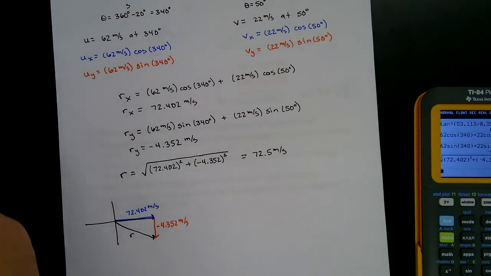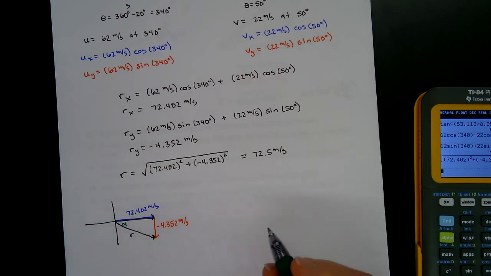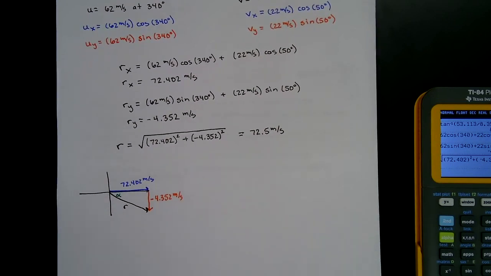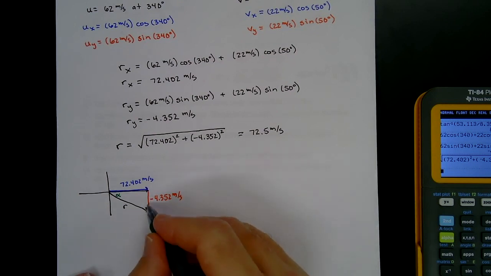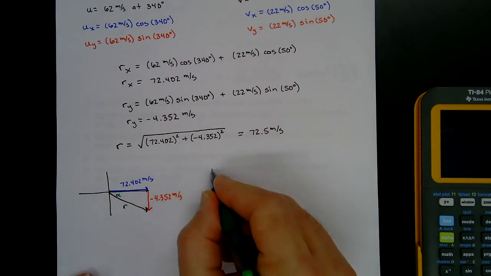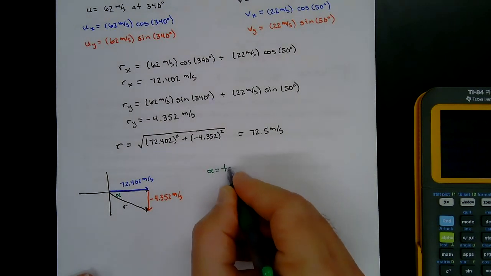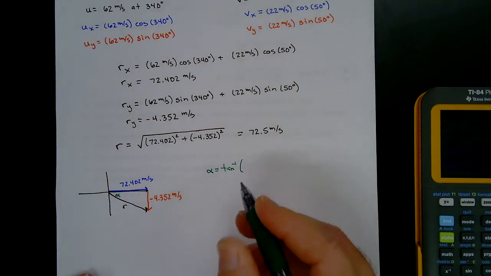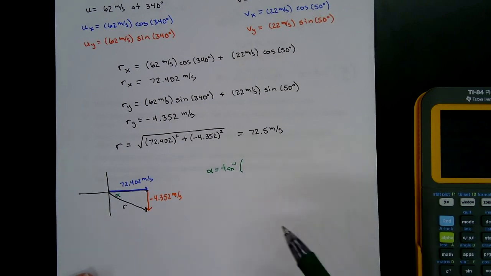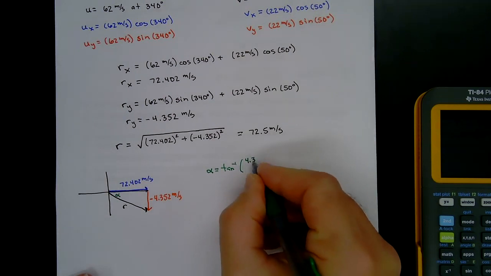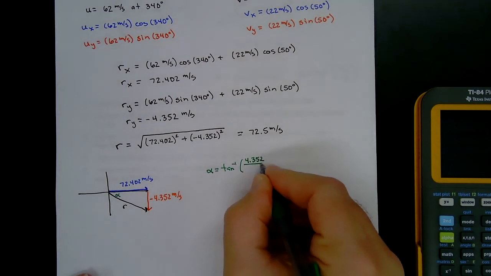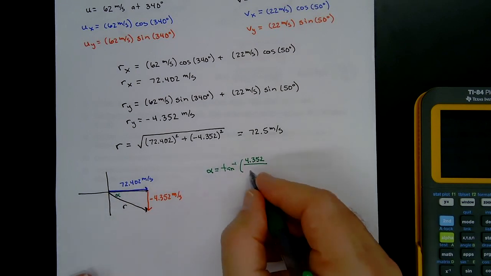Okay, and now it's a matter of getting this angle of the triangle, right? And once again, notice I drew the horizontal one first, and then I drew the vertical one, right? Okay, because then that forces this one to be my opposite leg for that angle. Okay, so alpha is going to be tan inverse. And once again, because we're thinking of this as a triangle, this is going to be positive 4.352 over 72.402.